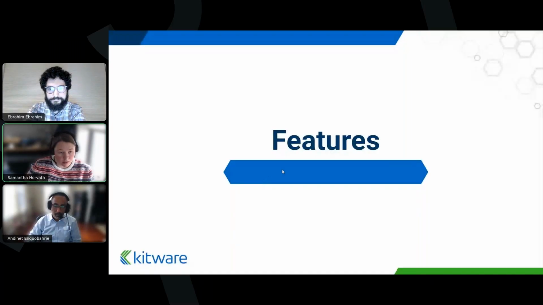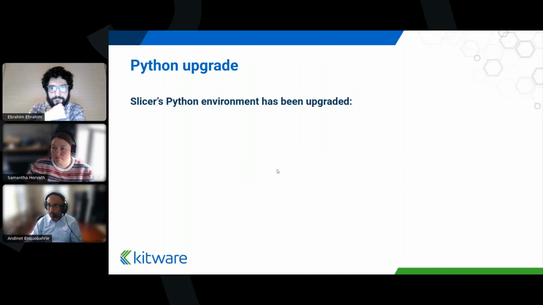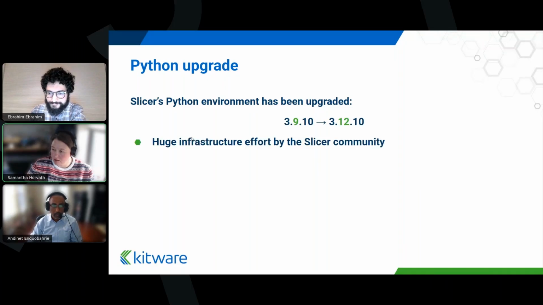Alrighty, so we'll look briefly at some of the features that aren't quite as demoable, and give a quick overview before handing things back to Andinet. Once again, we discussed previously that Slicer's Python environment has been upgraded from 3.9 to 3.12.